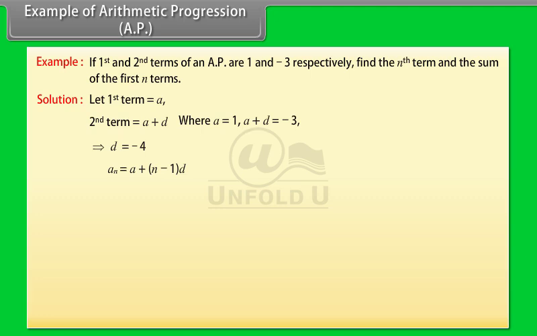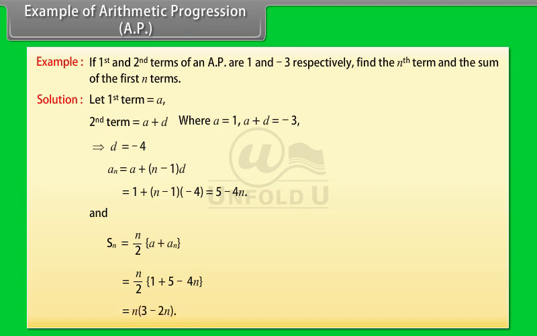An is equal to A plus n minus 1 into D, which is 1 plus n minus 1 into minus 4, equal to 5 minus 4n. And Sn is equal to n by 2 into A plus An, which is n by 2 into 1 plus 5 minus 4n. It gives Sn is equal to n into 3 minus 2n.